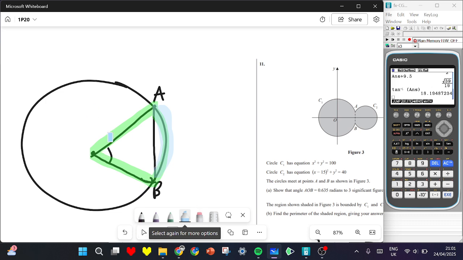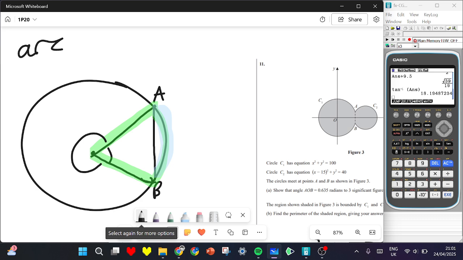You can find this angle and then do the arc length of the sector formula. So the arc length is just r theta.